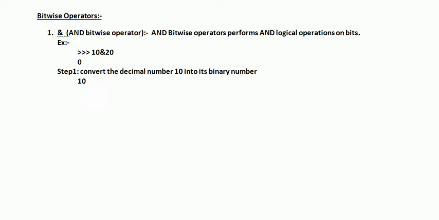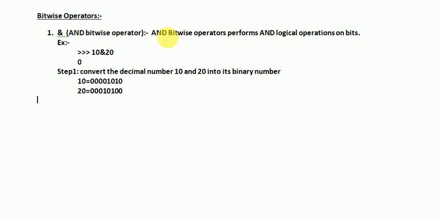That would be, for 10, four zeros and then 1010, and for 20 it would be 0010100. So we have converted the decimal numbers 10 and 20 into their binary numbers.